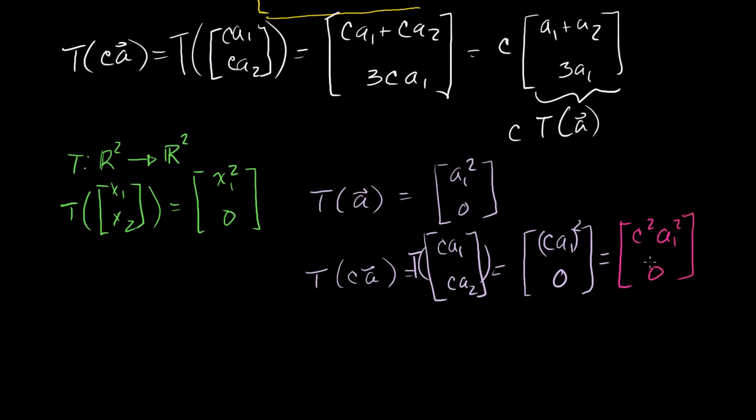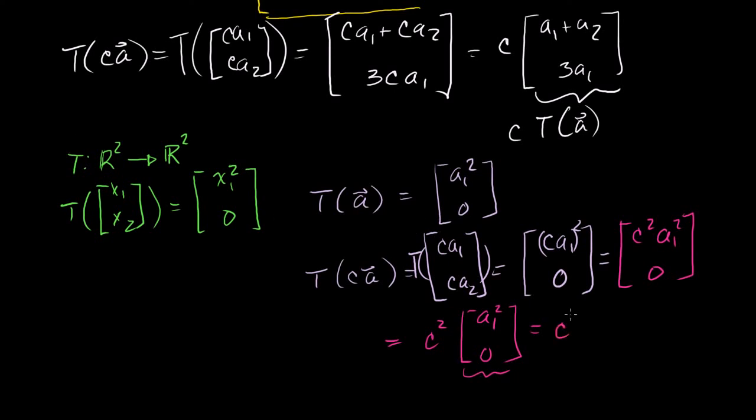Now, let's see if we can factor out, if we can assume that c does not equal 0. Actually, it doesn't even matter. We don't even have to make that assumption. So this is equal to c squared times the vector a1 squared, 0, and this expression right here is the transformation of a.